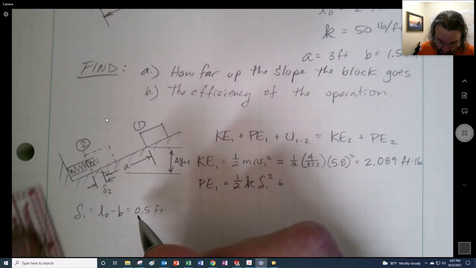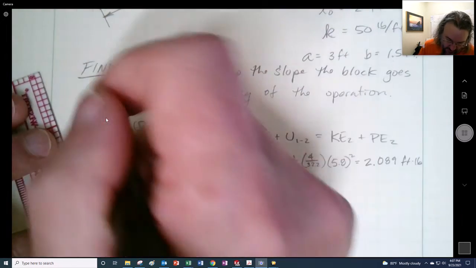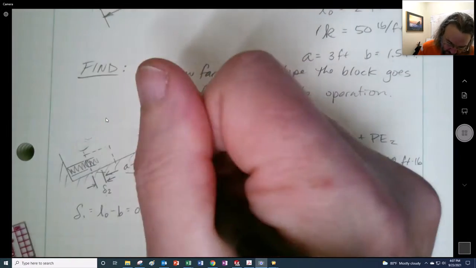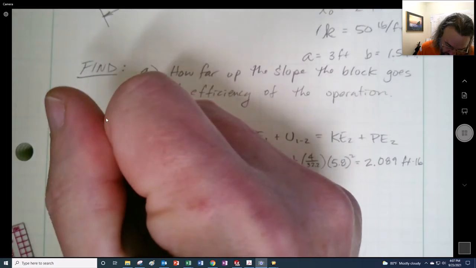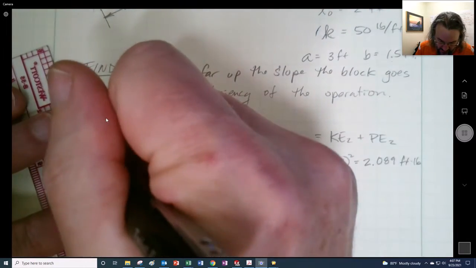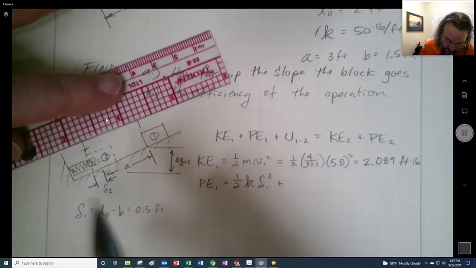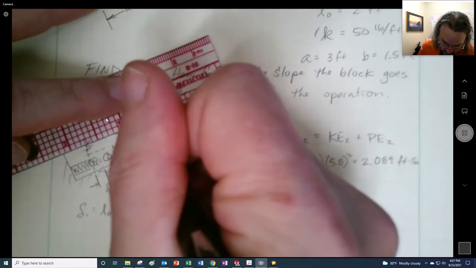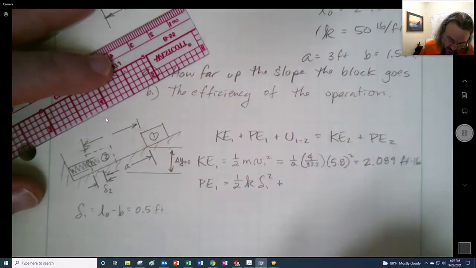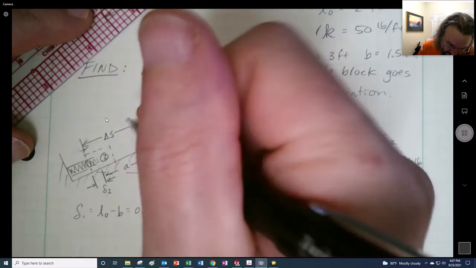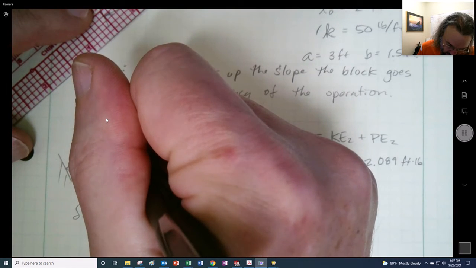That's coming through there. We're also going to have this distance that this thing has moved. I'll write that as delta S 1, 2.